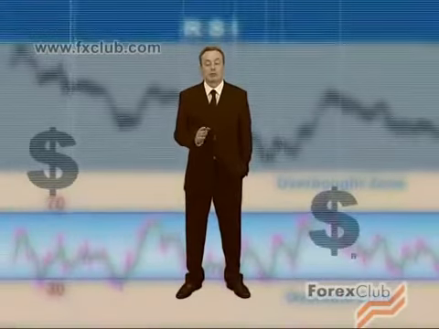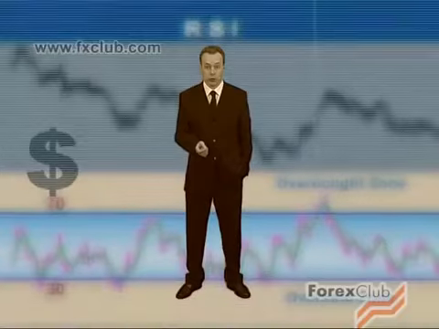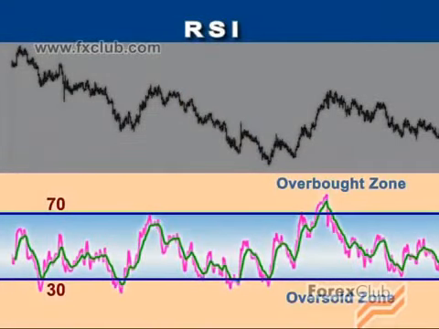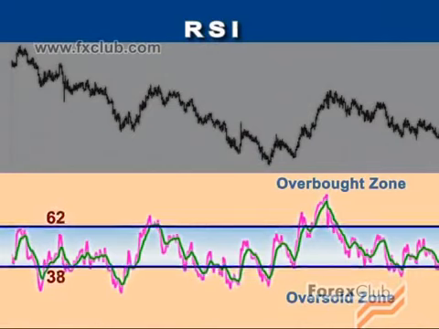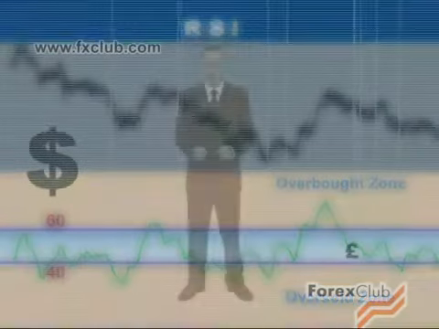Please note that the smoothing of the indicator reduces the amplitude of its fluctuations. Because of this, we can change the level of the signal lines to match the averaging value. Here, smoothing is strong, and the overbought and the oversold zones have been widened to 60 and 40 accordingly.